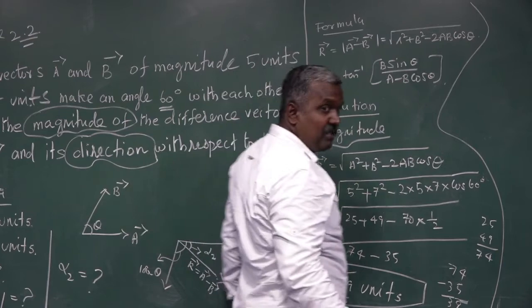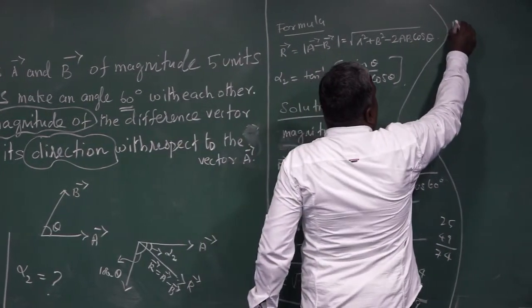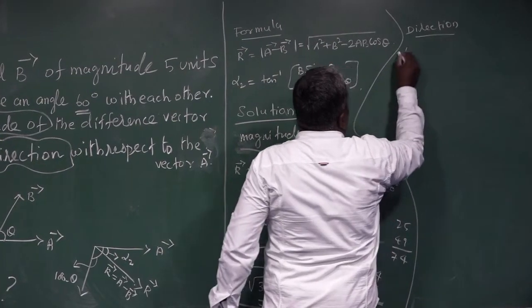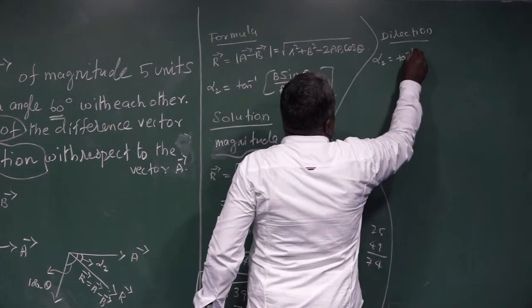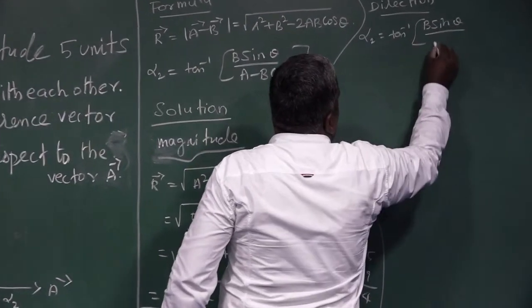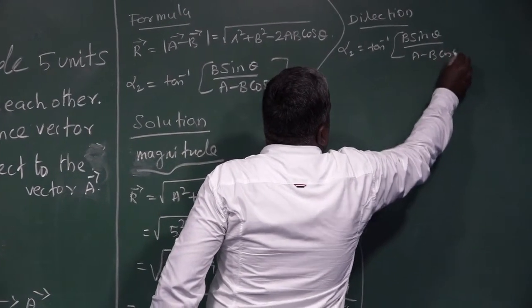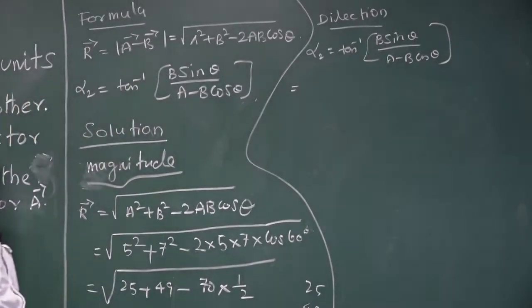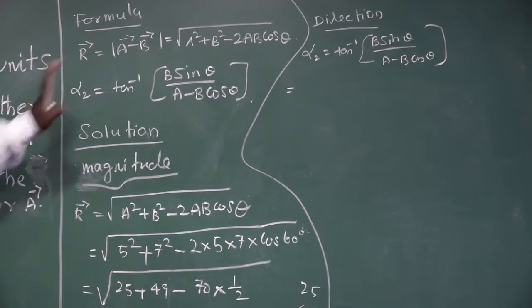Then the direction of the resultant vector. Direction formula: tan inverse of B sin theta over A minus B cos theta. That's all. Substitute the values from the data directly in that formula.